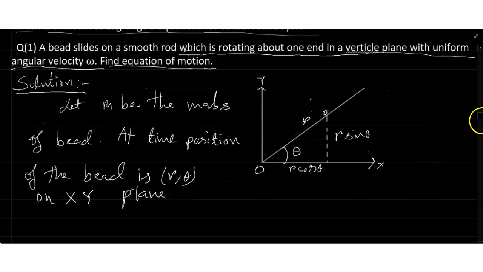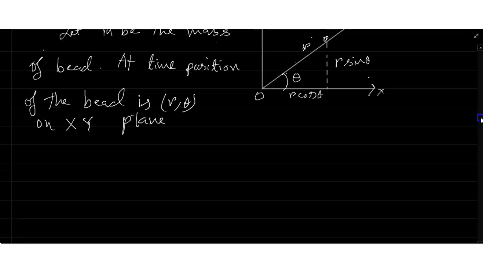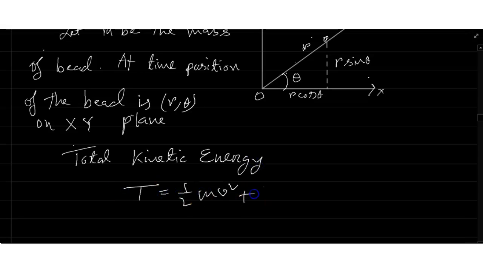So the total kinetic energy T equals half m v square plus half I omega square, where I is the moment of inertia.